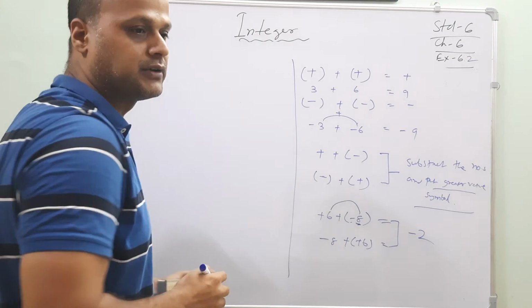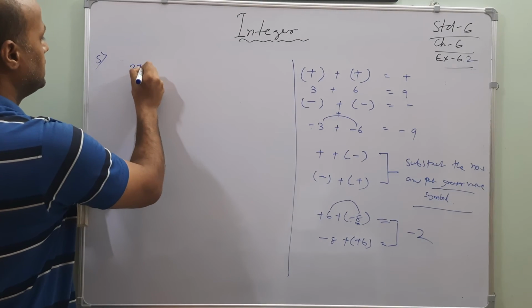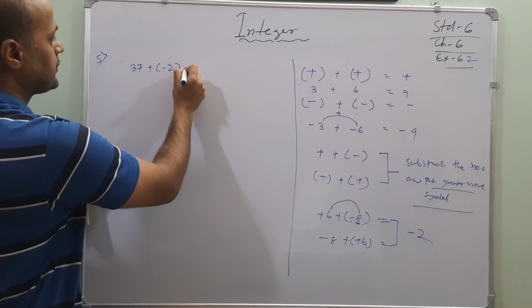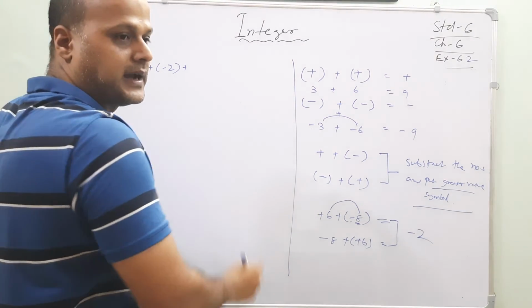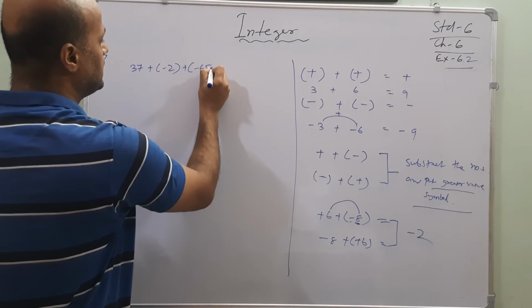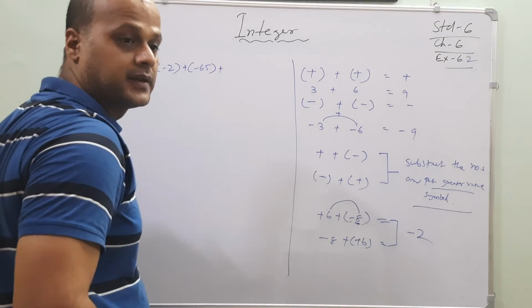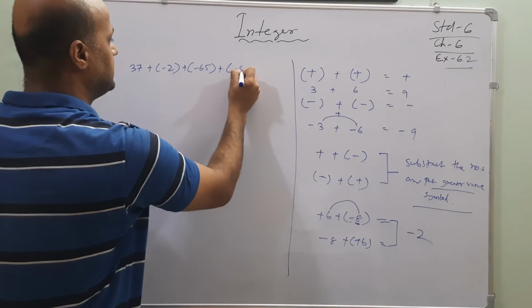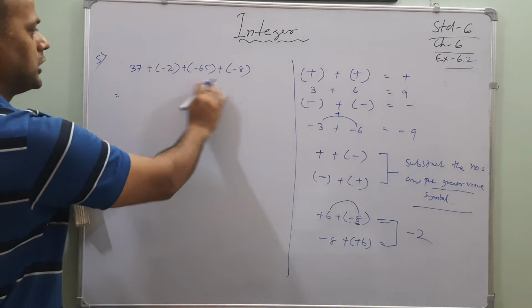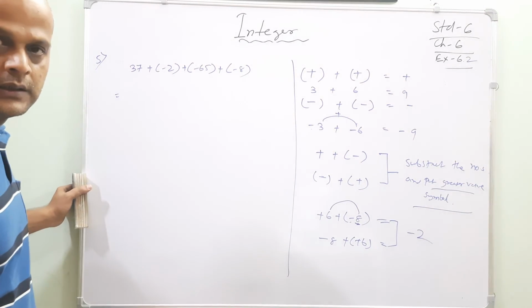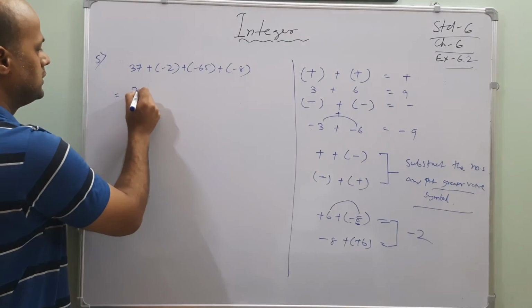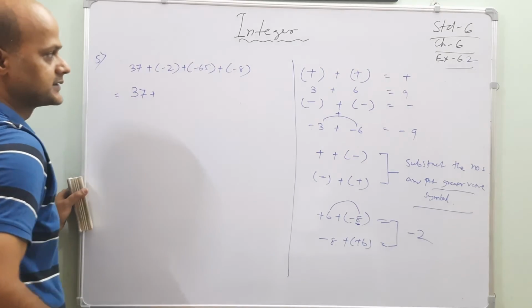So the second one is 37 plus minus 2 plus minus 65 plus minus 8. Now remember, my dear friends, all of them have a minus sign. What you have to do? First write the additive inverse like this, plus.